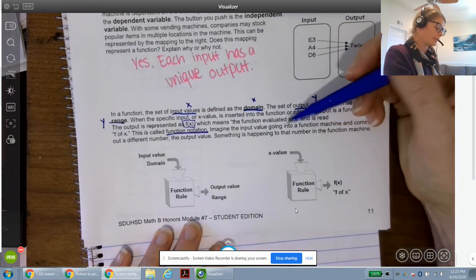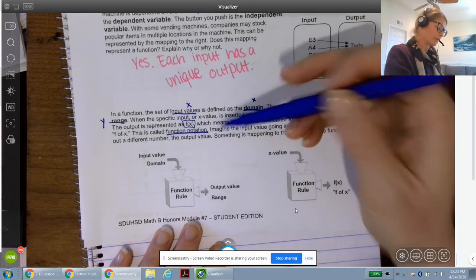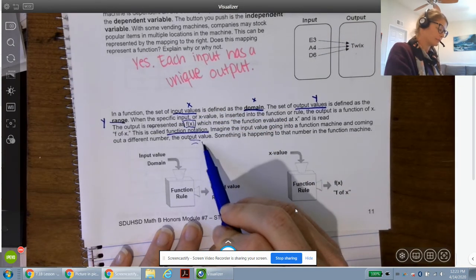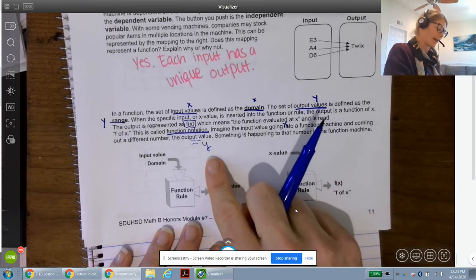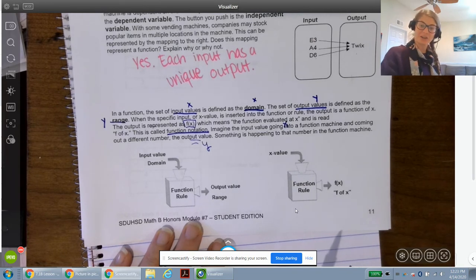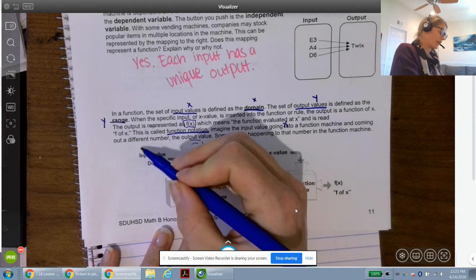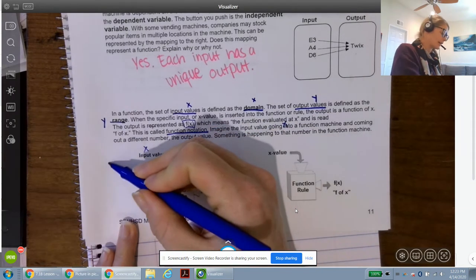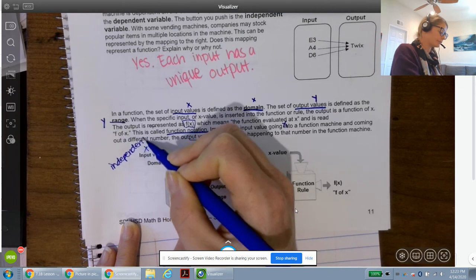Imagine the input value going into a function machine and coming out a different number, the output value. So it goes in as X and it comes out as Y. Something is happening to that number inside the function machine. So you get your input value, your domain, we can also call it X or independent variable.